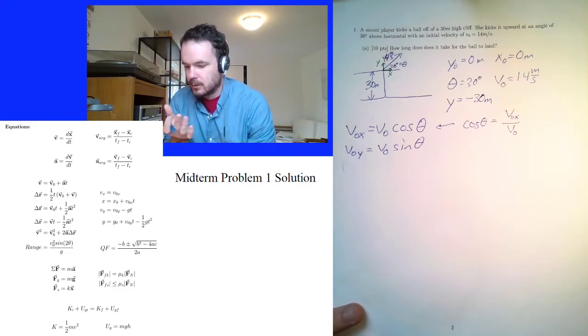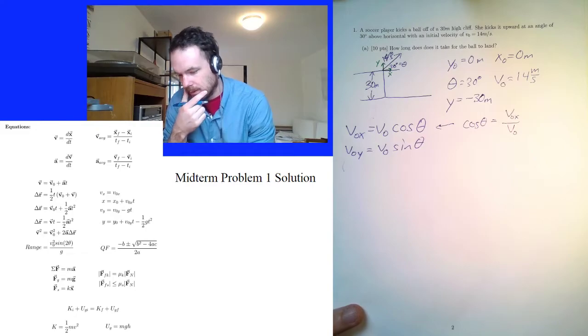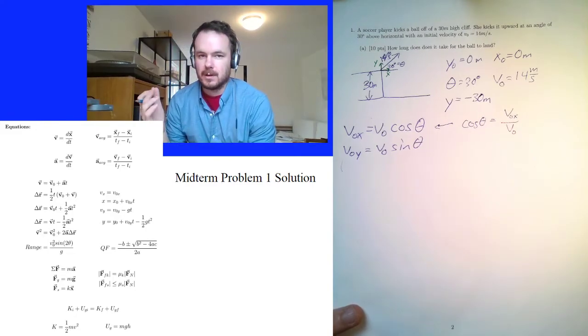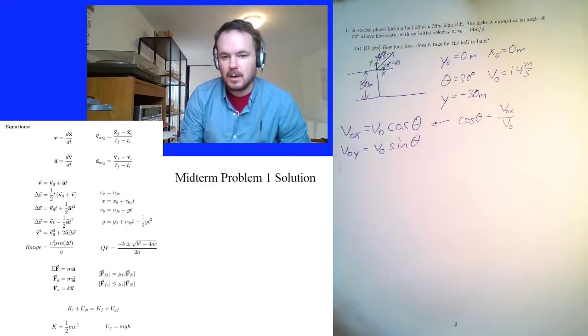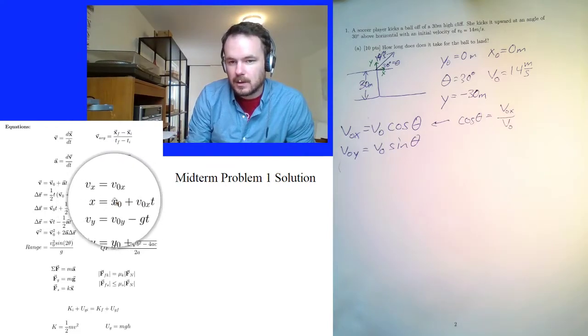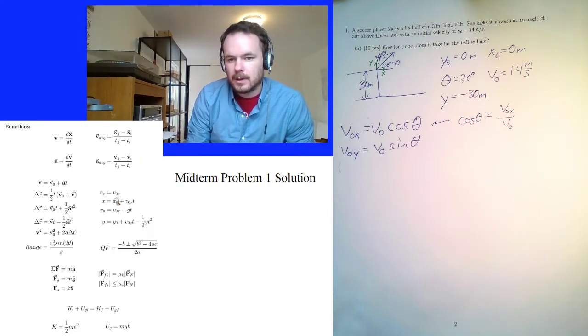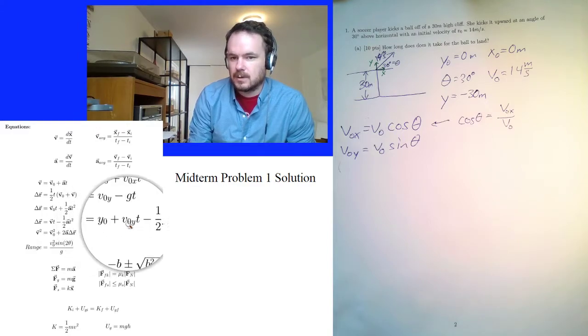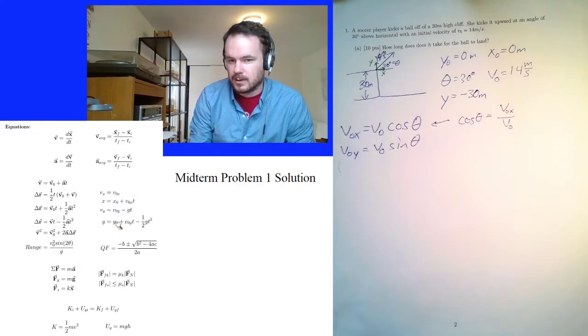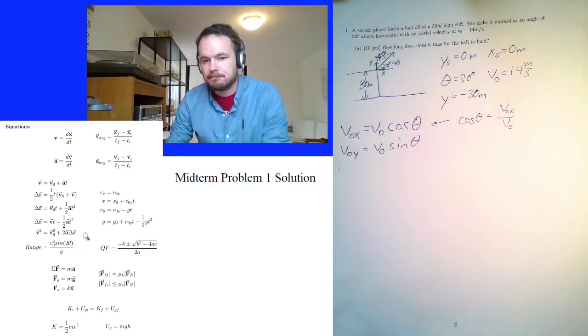Okay. So since I know more about the y direction, right? If I knew how far it went in the x direction, then I could use my x direction equations, which are here. But since I don't know anything about the x final, I know x0, but I don't know x final, I'm going to have to use this fourth equation, the y equation with a t in it.